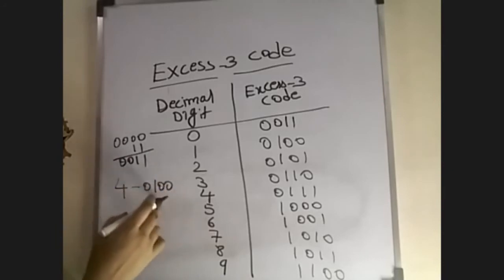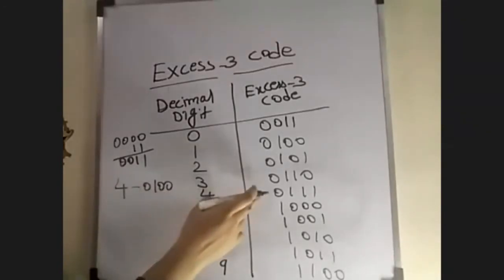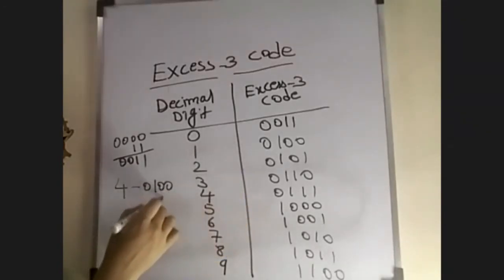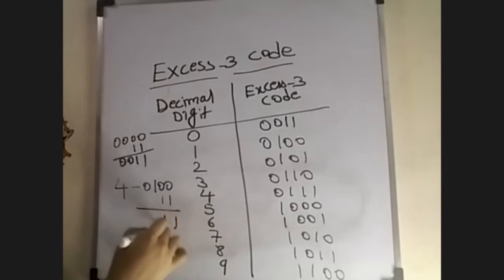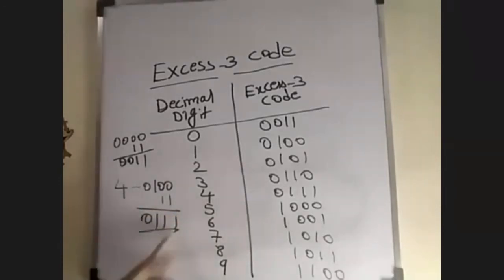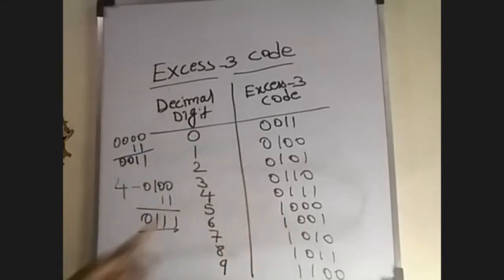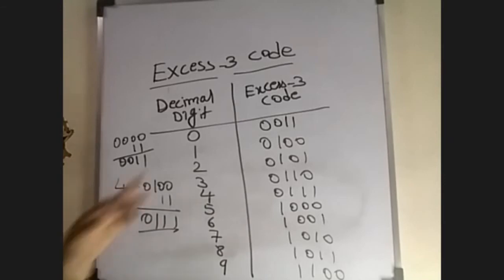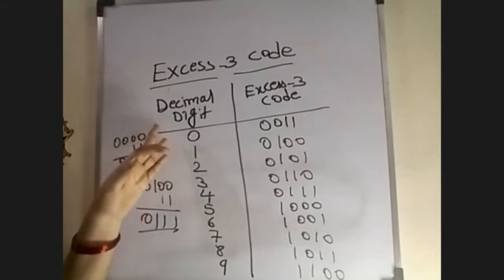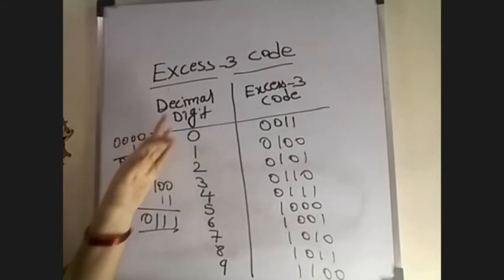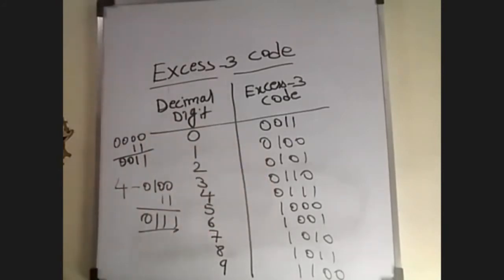Then you add +3 to this BCD, and you get the equivalent XS3 code value, 0111. So 4's equivalent value in XS3 code is 0111. This is how you convert decimal digit values to XS3 code values.